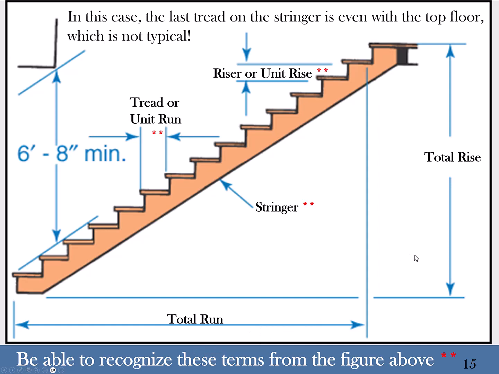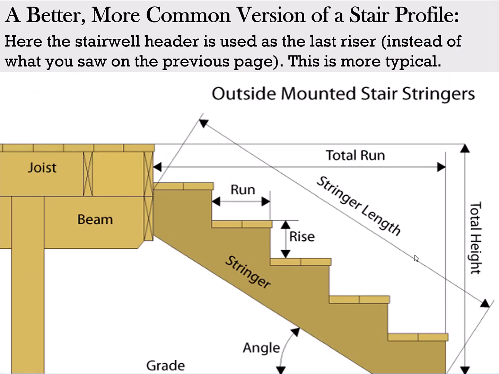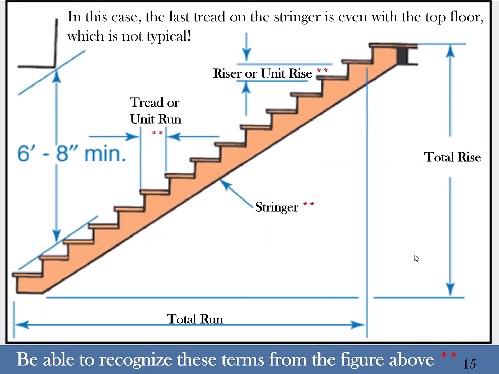Okay, so with that, here's a better set of stairs. Let me back up to the other stairs first. This set of stairs that you see here is atypical. It's not normal because the stringer is attached where the top step on the stringer is even with the finished floor, and that is not normal.